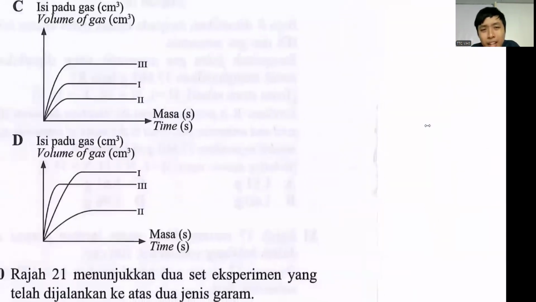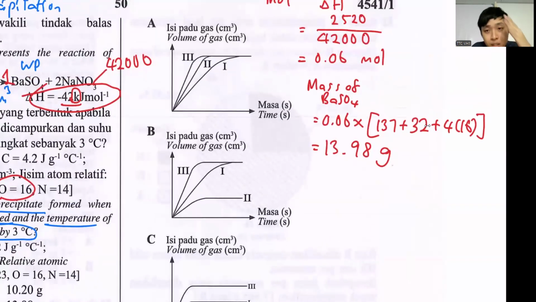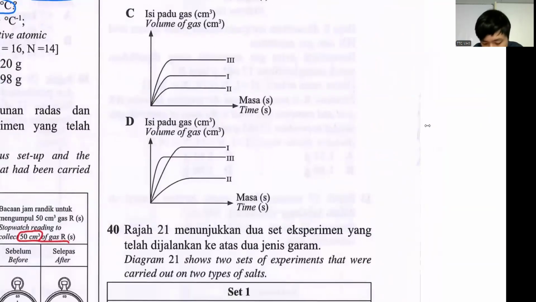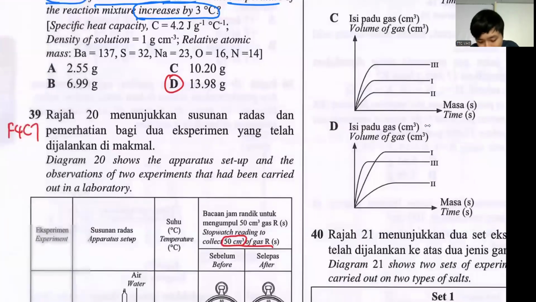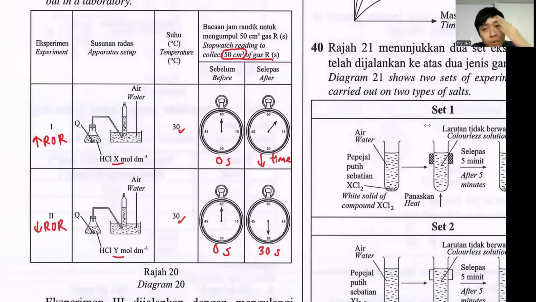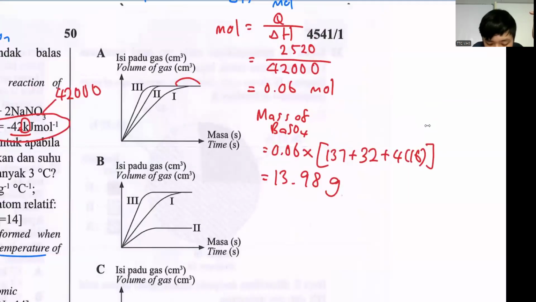What does it mean by the ending of the graph? Like graph A, all the endings are the same. In B, 1 and 3 have the same ending.